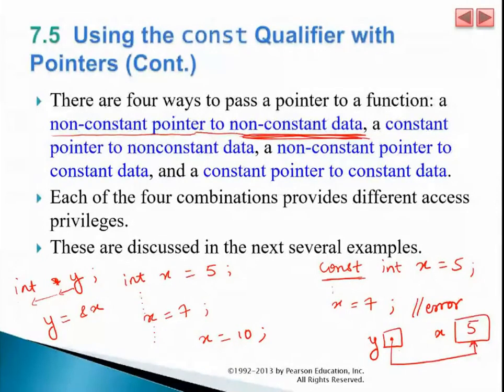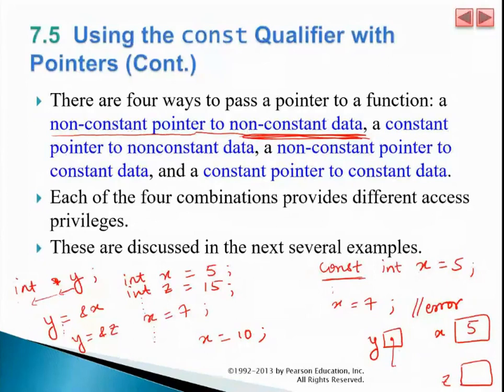Later, I have another variable, let's say z equal to 15, somewhere here in the memory. After some time I can say y equal to &z. Which means now y is not pointing to x.